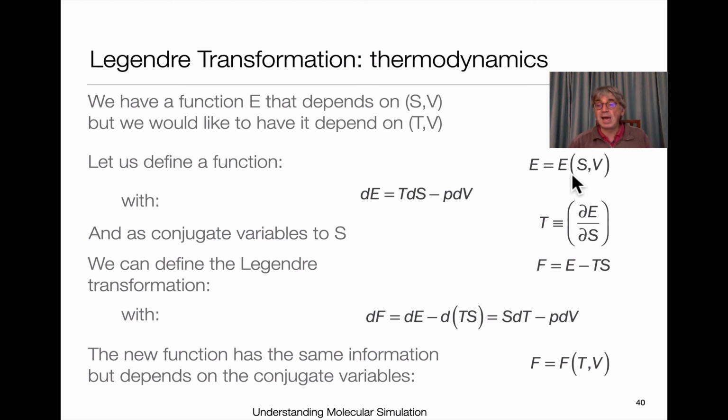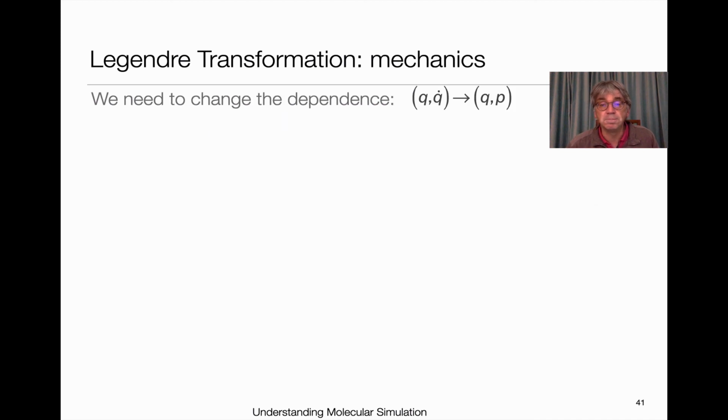So what did we have in our Lagrangian? The Lagrangian depends on the generalized coordinate and its conjugate momentum, and we would like to have that changed in a slightly different way. And that is why we introduced this Lagrangian transformation in this previous part with momentum and conjugate momentum.